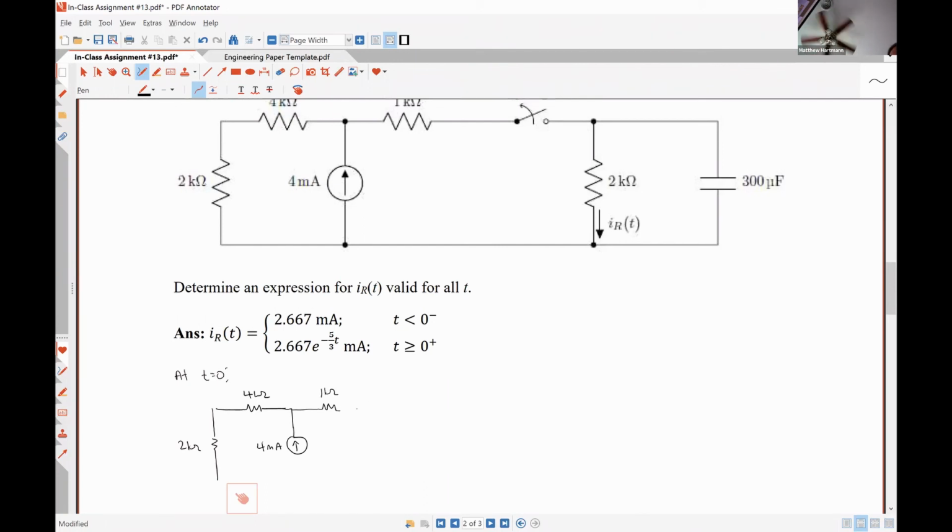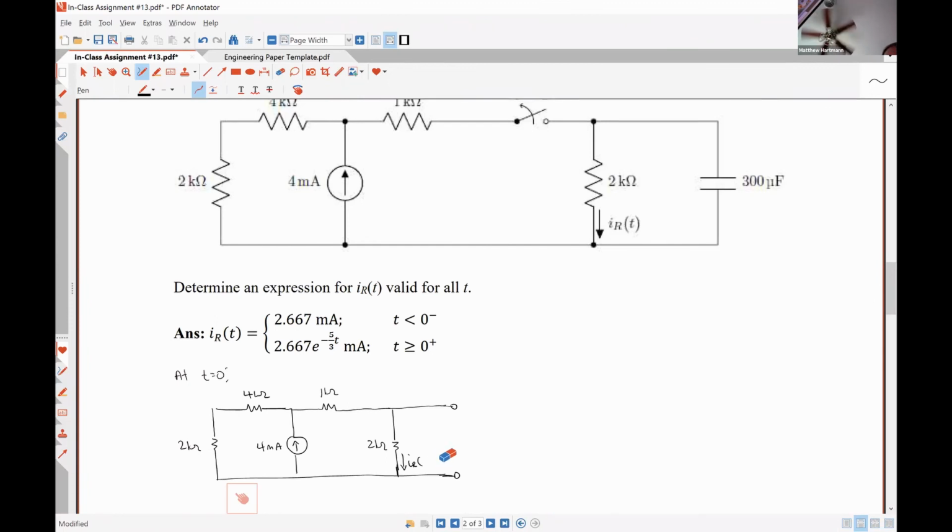Our switch is closed. What am I going to do with my capacitor? What's the DC steady state equivalent of a capacitor? An open circuit. Open circuit, absolutely correct. So there is where my capacitor was, and I'm looking for this current IR of 0 minus.